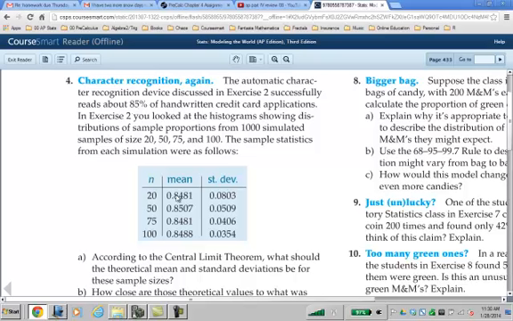These proportions here are taken from the samples, and they're called p-hats. So the sample means are 0.8481, 0.8507, and so on.